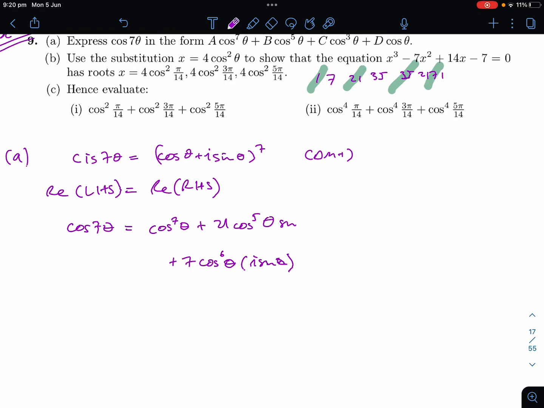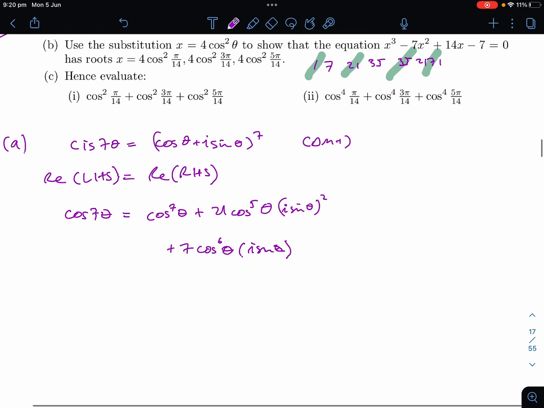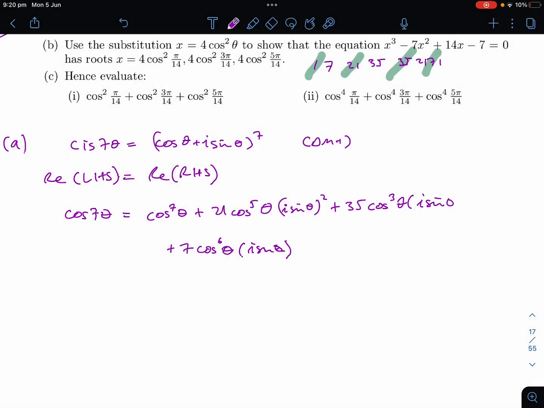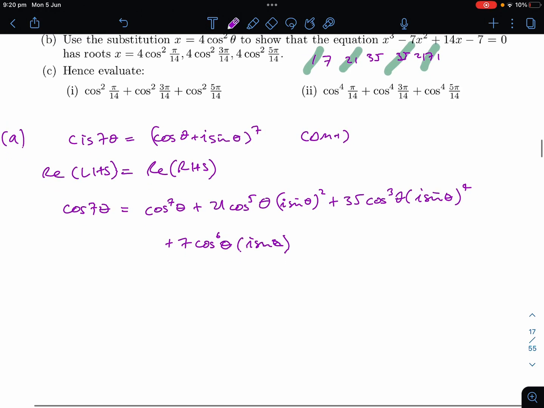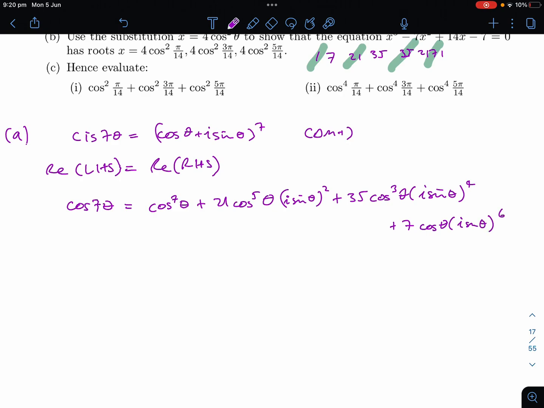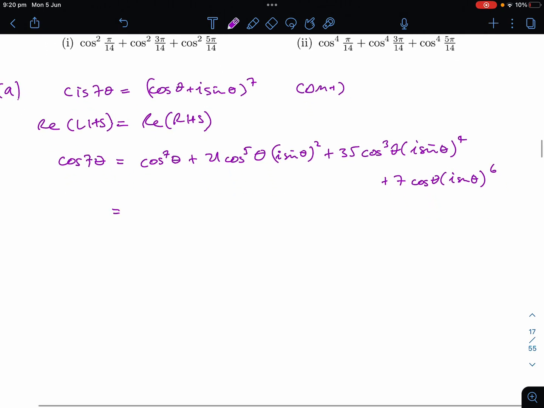Well, I do need the brackets, so let's just go slowly, shall we? (i sine theta) squared, plus 35 cos cubed theta (i sine theta) to the power of 4, plus 7 cos theta times (i sine theta) to the power of 6. So that's cos to the power of 7 theta.